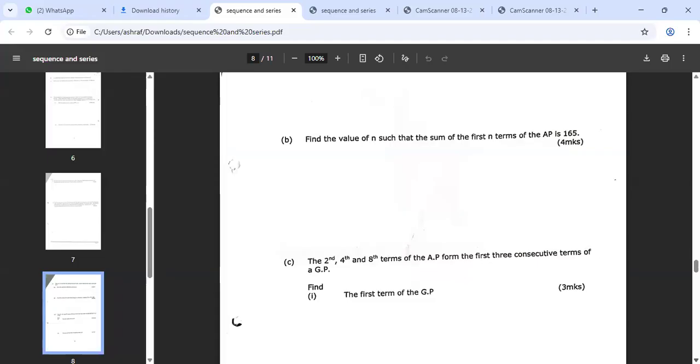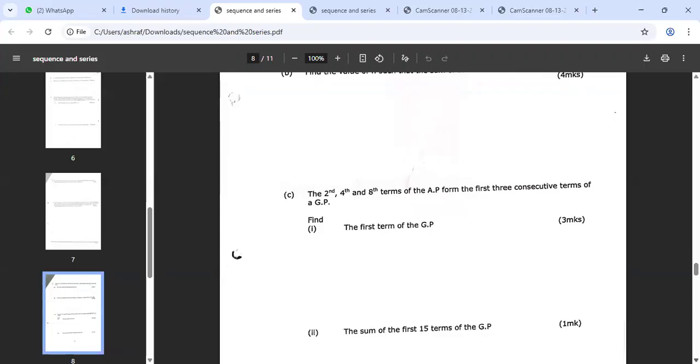C, Roman 1. You're given the second, the fourth, and the eighth terms of an AP form the first 3 consecutive terms of a GP. Find the first term of the GP.